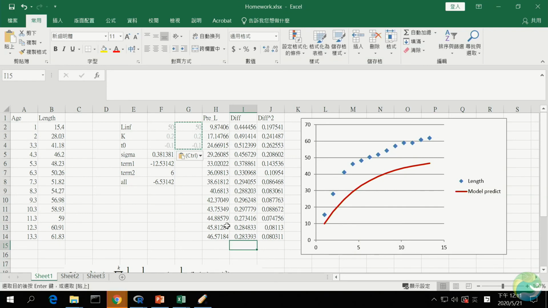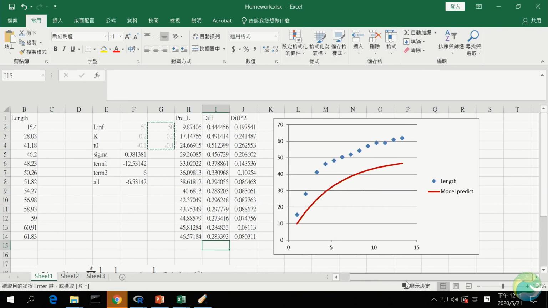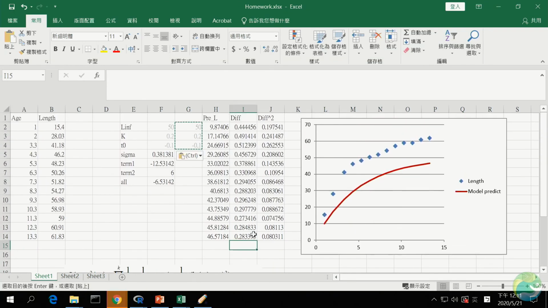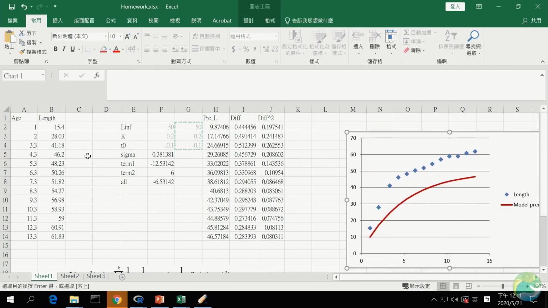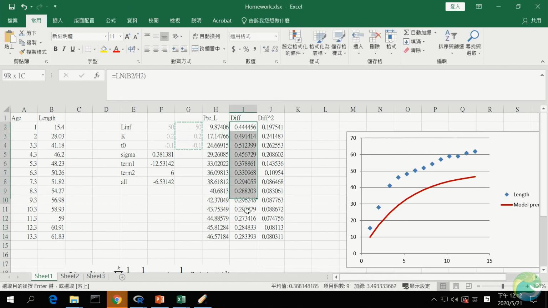So what you need to do is calculate the predicted value, the difference square.